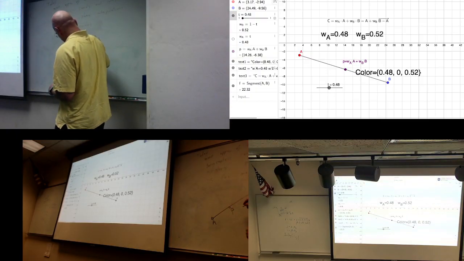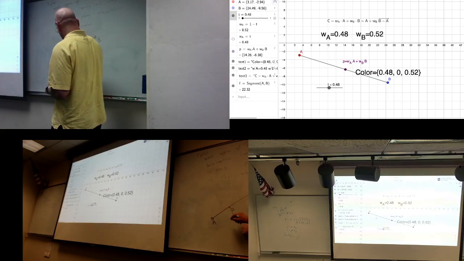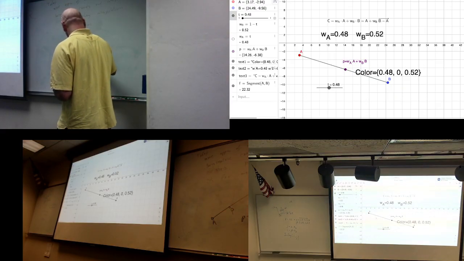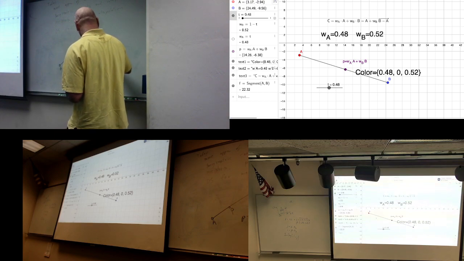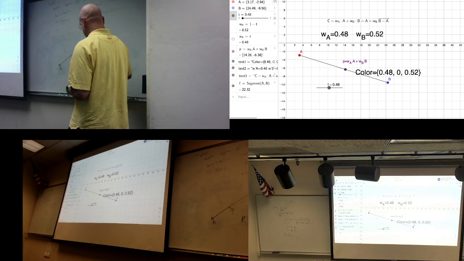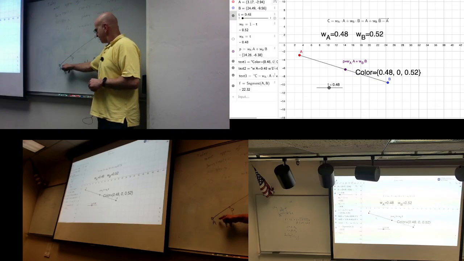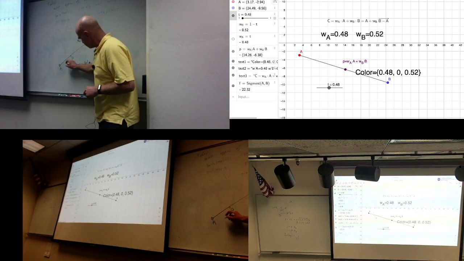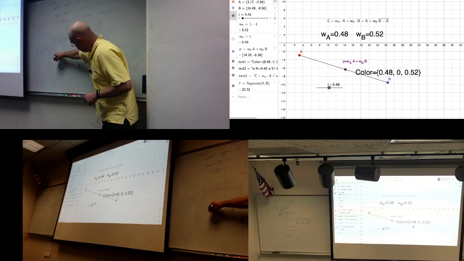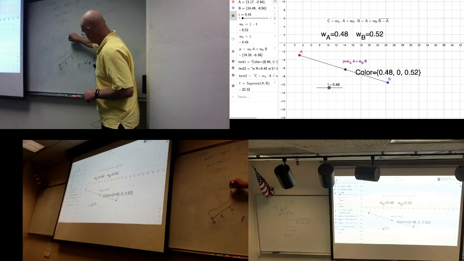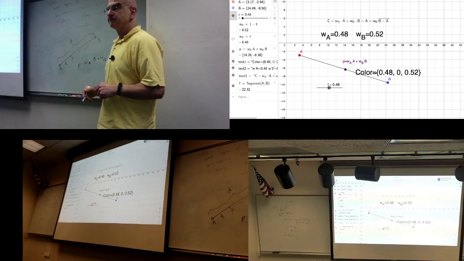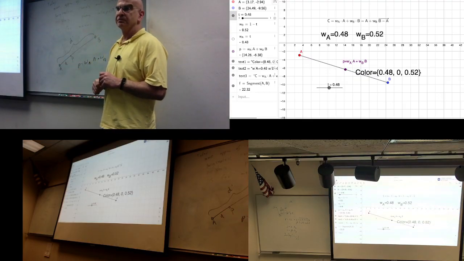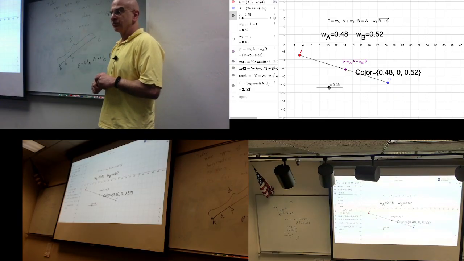So we would like to think that, again, P is the weight of A times A plus the weight of B times B. And it's tempting to think that if A is here, then the weight of A will be the length of this segment, D, divided by D prime, because it's a nearby segment to A, which looks perfectly reasonable, except that it's not true.